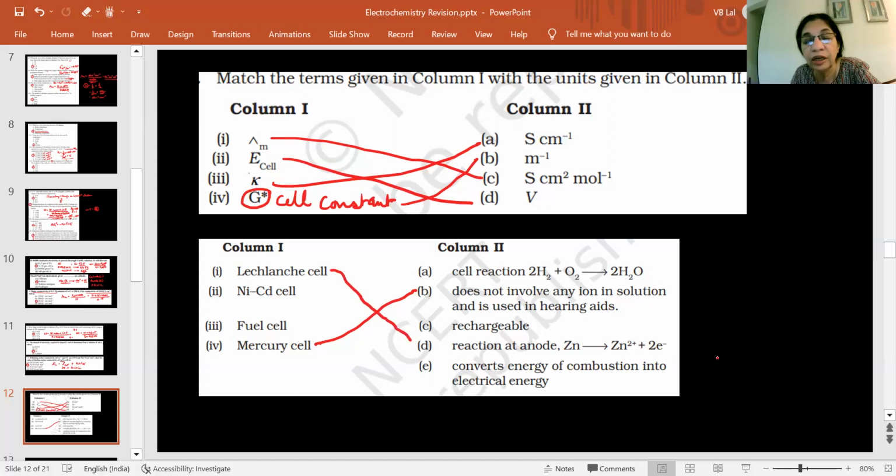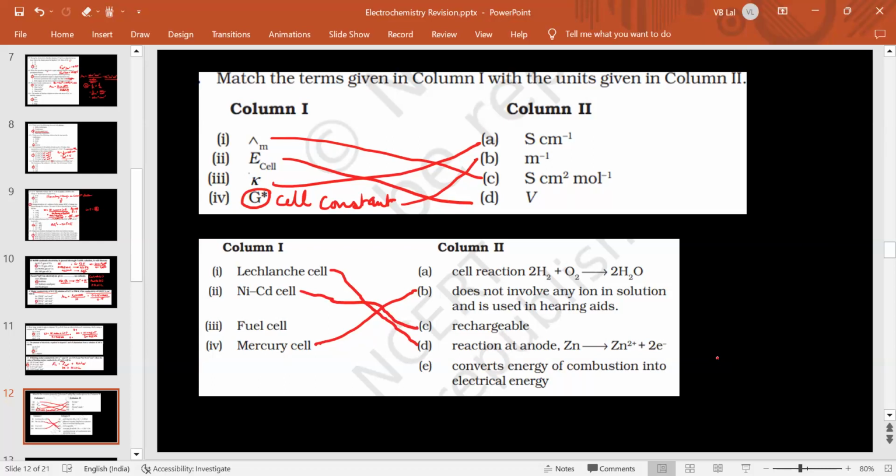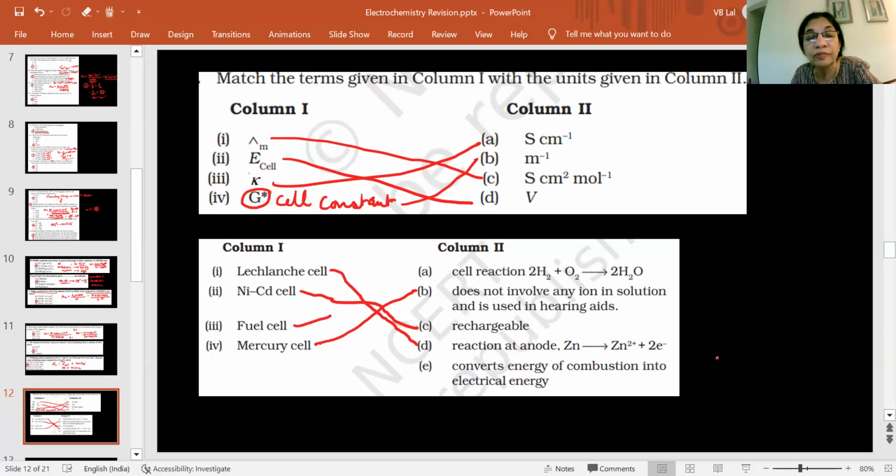It is actually Leclanche cell has zinc at the anode. Okay, that is the Leclanche cell. The round cell, that is Leclanche cell. And then nickel cadmium, can you tell me? That is the last thing I told you yesterday. It is also a rechargeable cell. Just like lead accumulator, nickel cadmium is a rechargeable cell. And fuel cell, you know, tell me. E, miss.